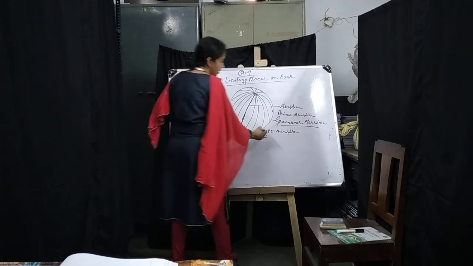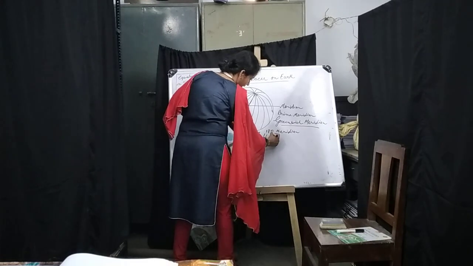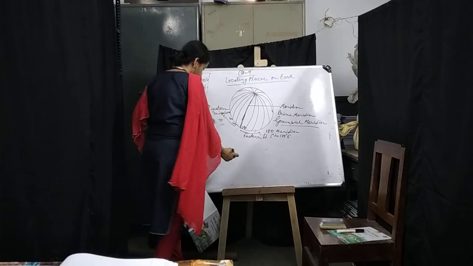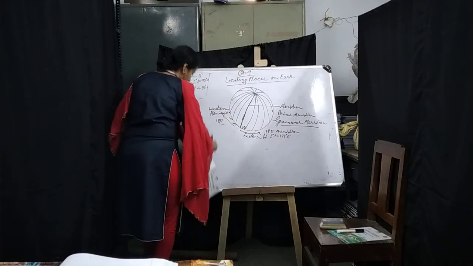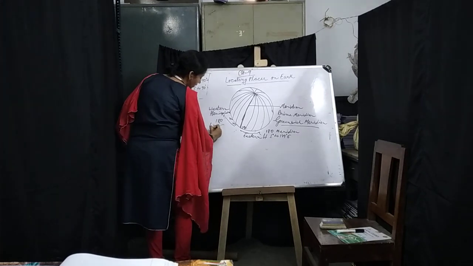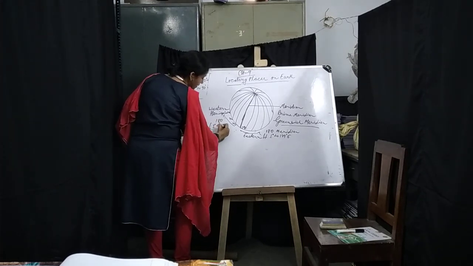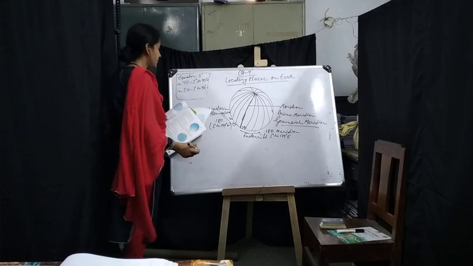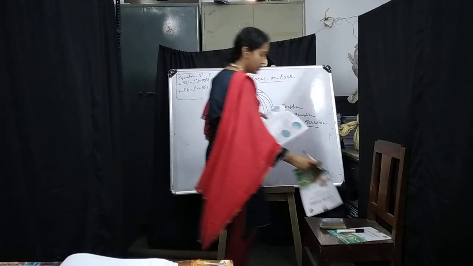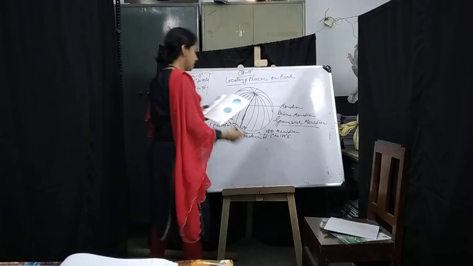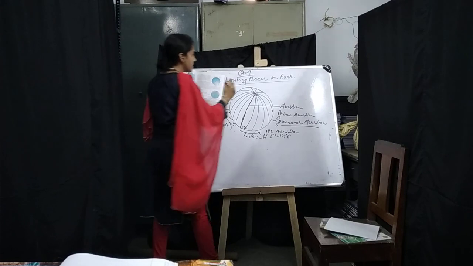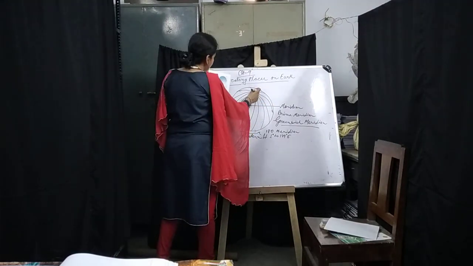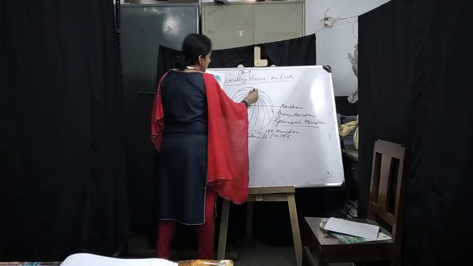How do we measure? 180 means 1 degree to 179 degree east and 1 degree to 179 degree west. Suppose this is 1, 2, 3, 4, I'm counting so on, up to 180 degree east and west.